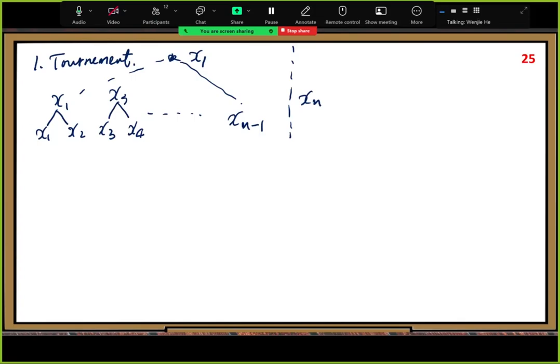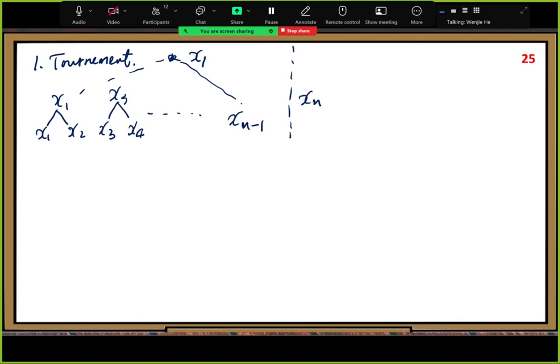To get x1, how many comparisons do you need? Using our old tournament method, the number of elements minus 1. Elimination, because to get a winner, you need to eliminate all the other players except the winner.